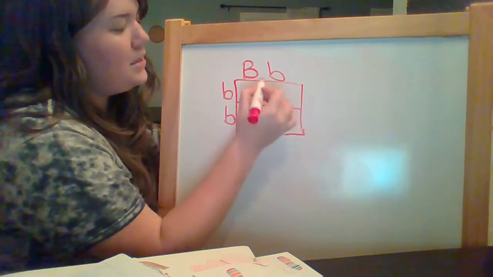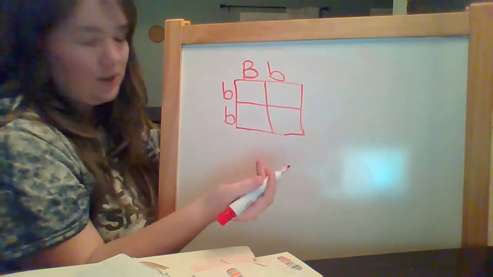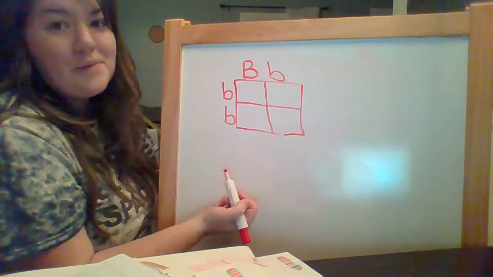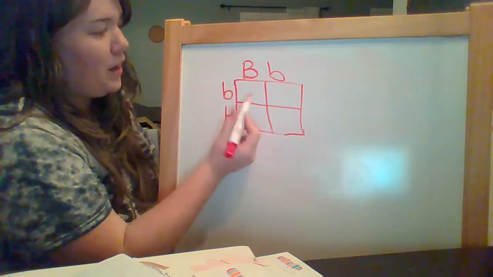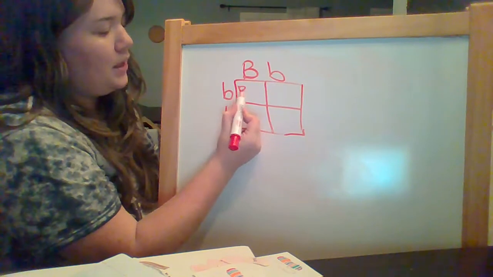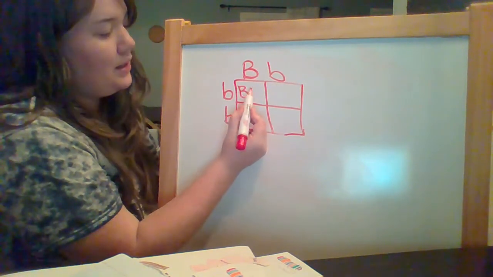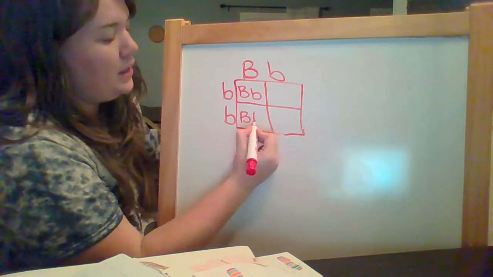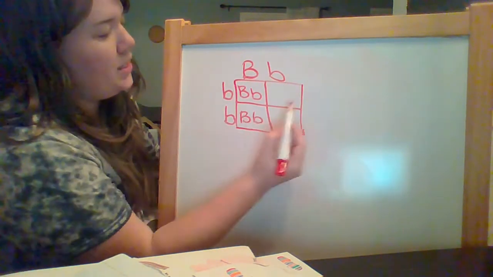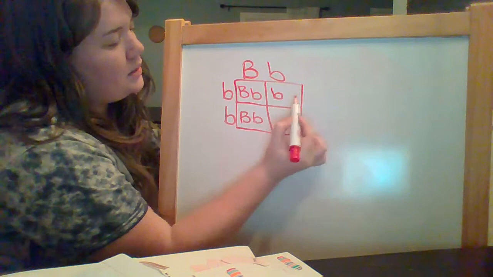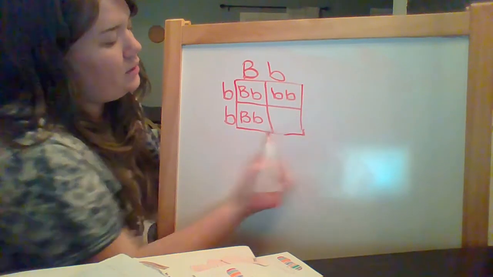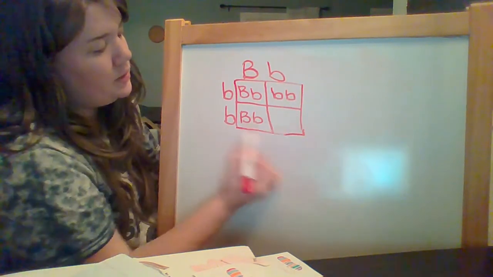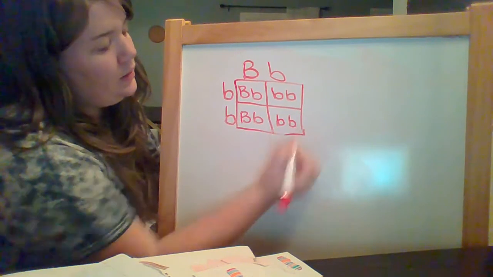And we put them into this table, the Punnett square, and we look at what combinations are possible. Here in this box, we could have a big B, brown eyes, and a little b. In this box, we could have a big B and a little b. In this box, we got little b little b. This box, little b, little b.